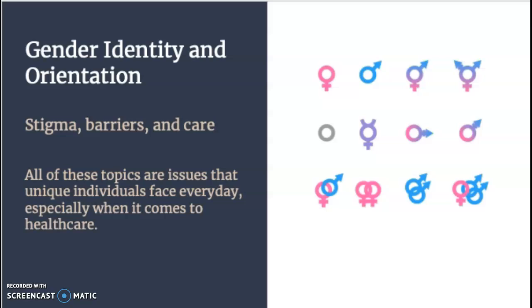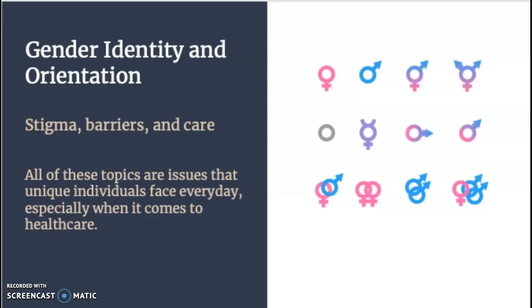Deeper into the gender characteristics, we have gender identity and orientation. This is a topic healthcare professionals need to know about and how to care for individuals of the LGBT community. That meaning lesbian, gay, bisexual, and transgender people.